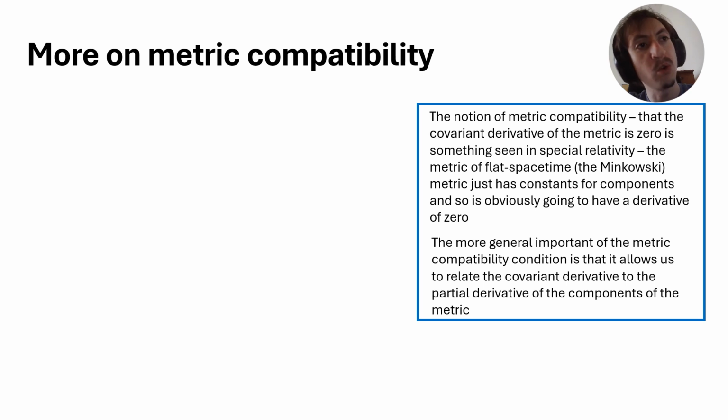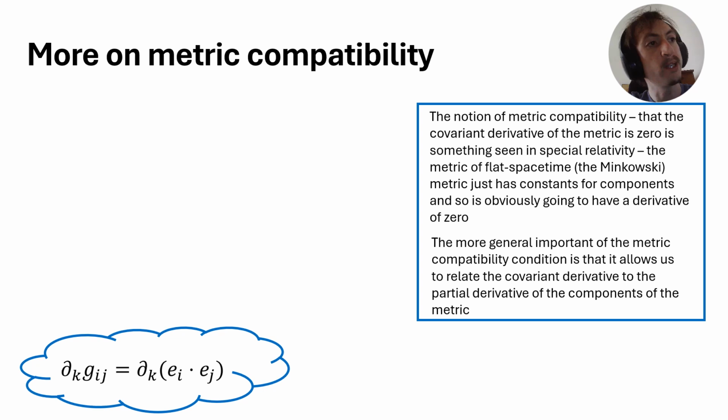let's recall a couple of key things. So firstly, the components of a metric in a coordinate system are given by taking the scalar or inner product between the basis vectors in that coordinate system.